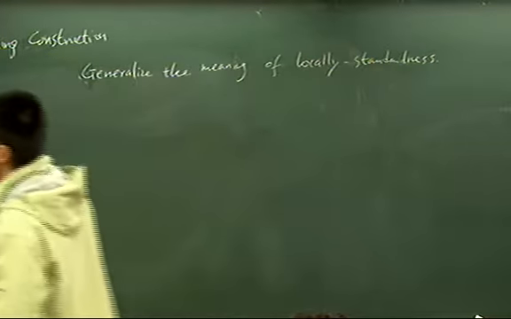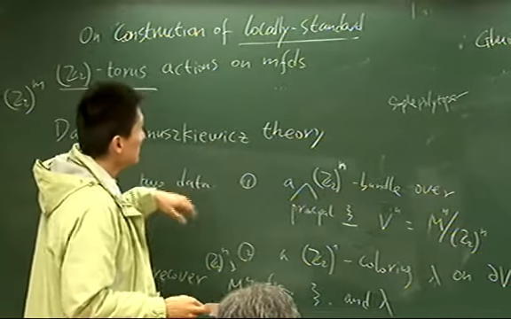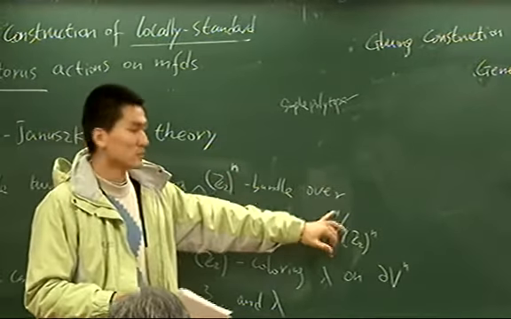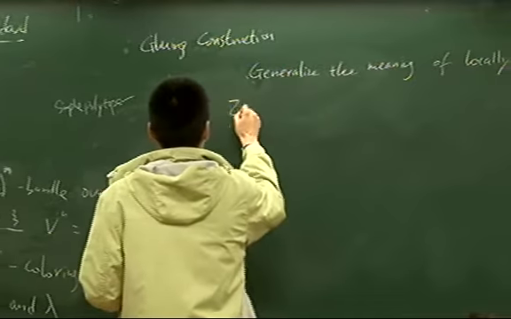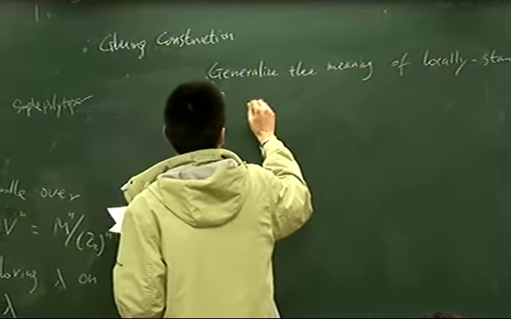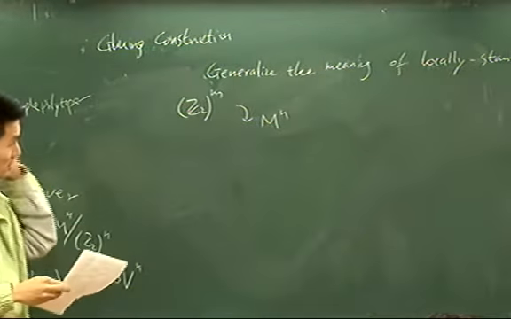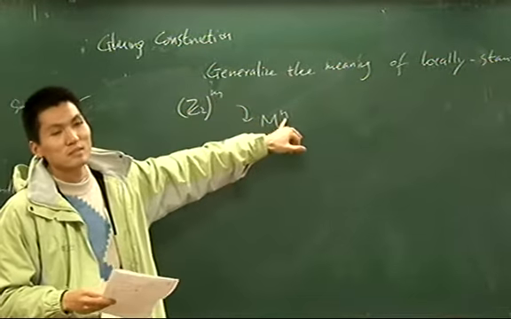Well, in the above two sources of examples, the rank of the torus equals the dimension of the manifold. But now I want to make sense of a locally standard action of Z2^m on M^n, where the rank m may not be n.